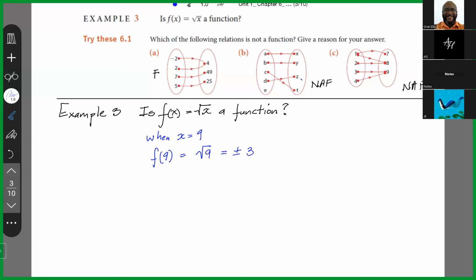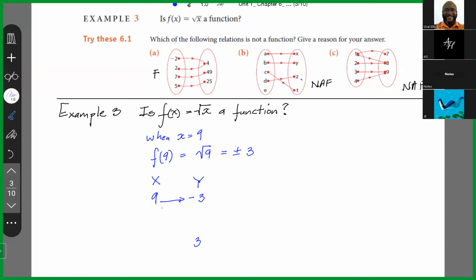So in other words, if I drew a mapping diagram or an arrow diagram of this function, 9 in the domain would be mapped to 2 elements in the codomain. 9 would be mapped to what?